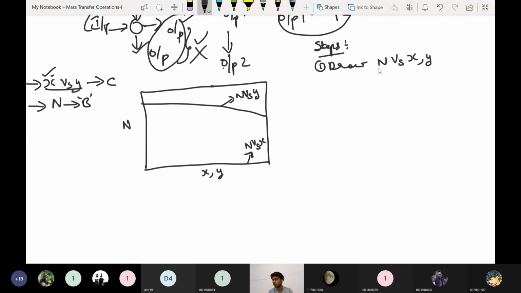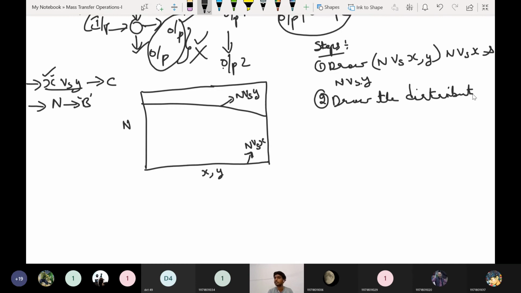So you have to draw this one. N versus X means you have to draw N versus X separately and draw the curve, and N versus Y, then draw the curve. So this is the procedure. Then next, draw the distribution curve, or equilibrium curve, which we call so in distillation.